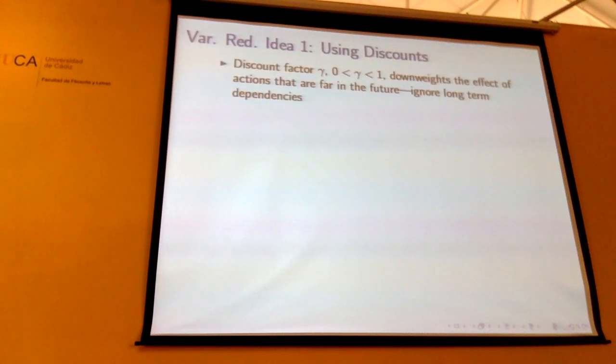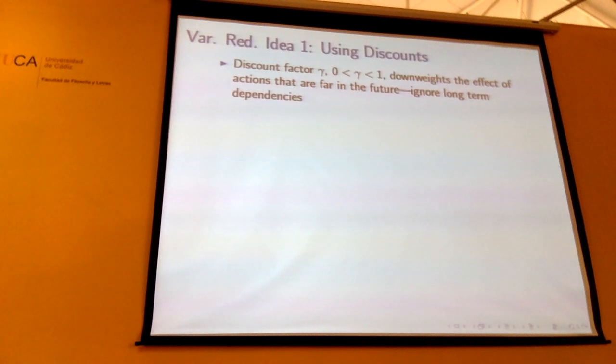Now I'm going to talk about two different ideas for reducing the variance. Both of them center around ignoring long-term dependencies, because that's in a certain sense the best thing you can do, though there are better and worse ways to do that. The first way is to introduce a discount factor. A discount factor is a real number between 0 and 1.